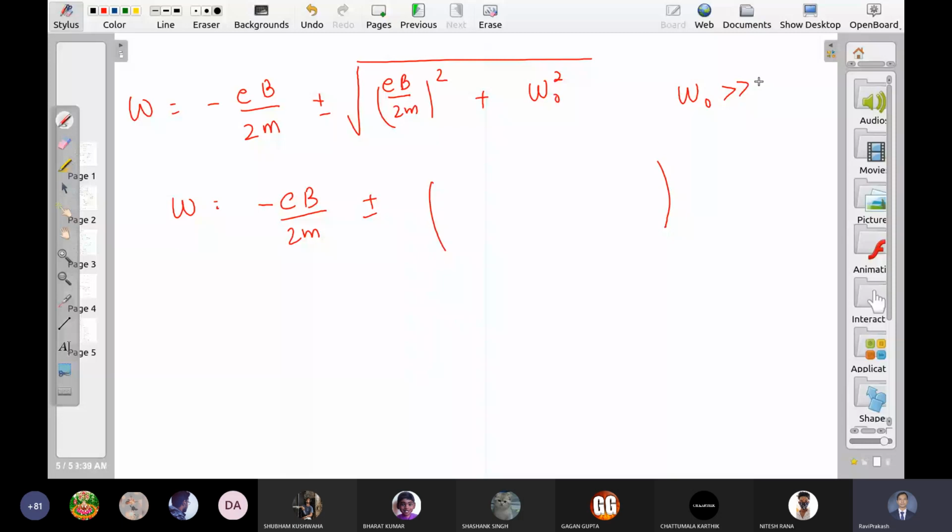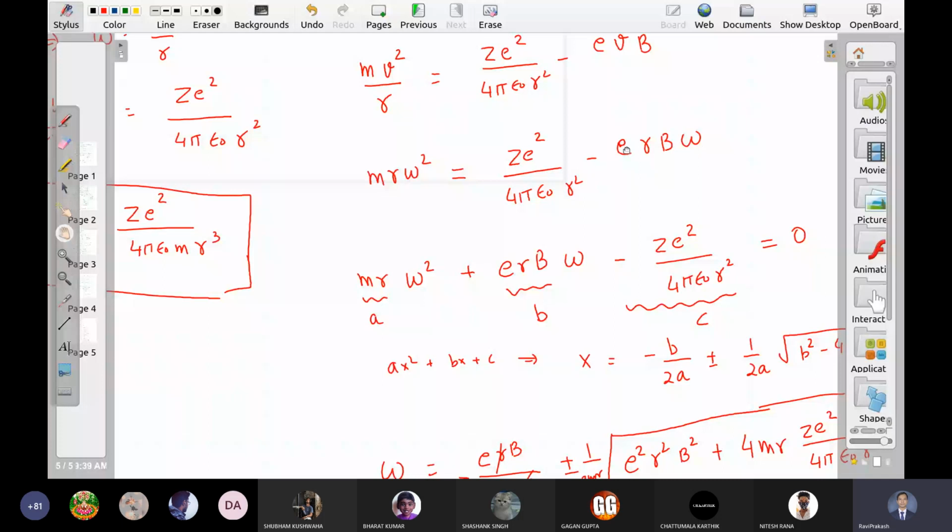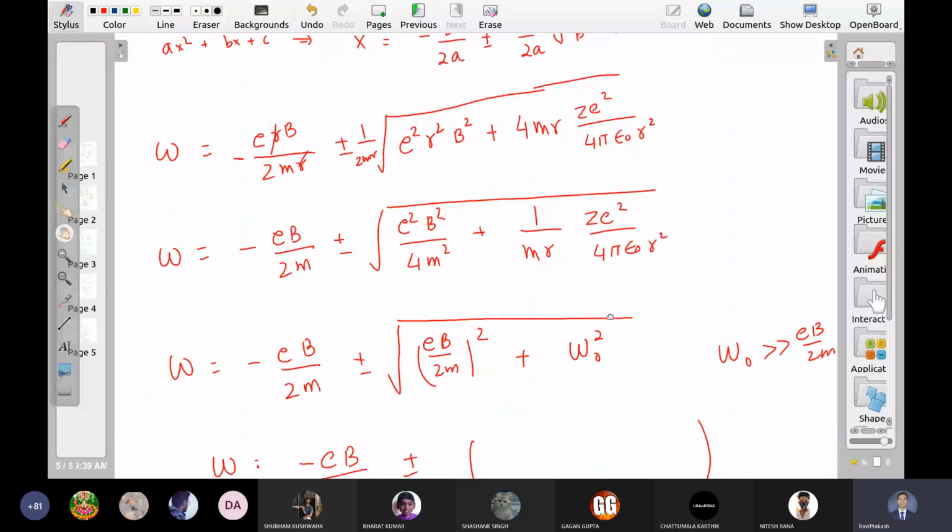Because omega naught is the fundamental frequency. Omega naught तो वो frequency है जो पहले से है, and it is now going to change because of the external field. So this frequency is always greater than this.